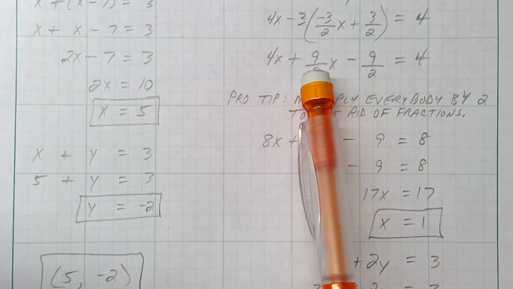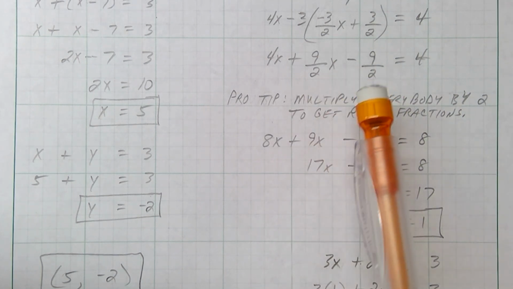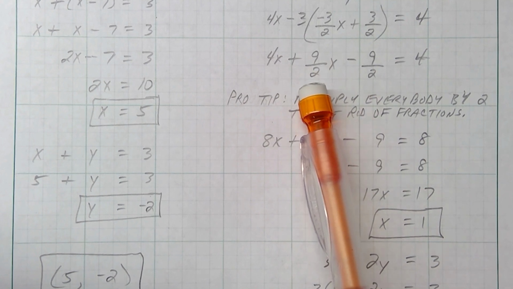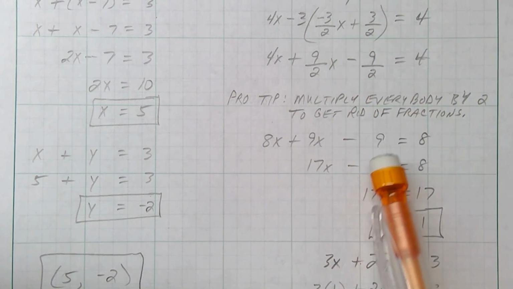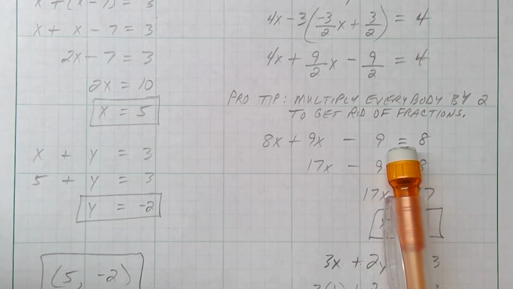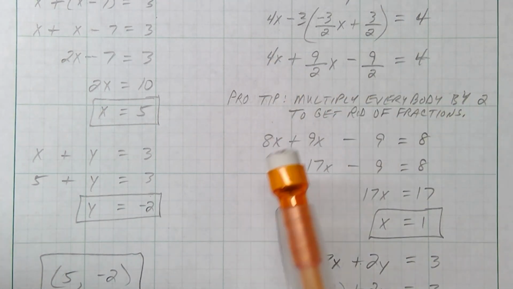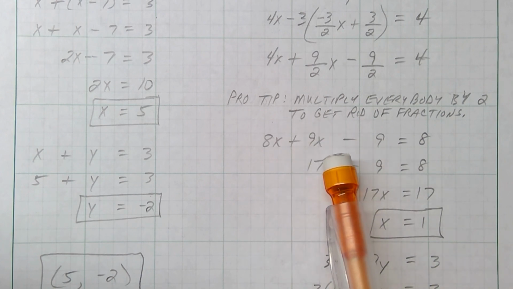So I'm going to go times 2, times 2, times 2, times 2, just because I don't like fractions. So 4x doubled is 8x. If I multiply this times 2, they cancel, leaving me 9x. Same thing here, minus 9. Double that, 8. Same equation, just twice as big. It just looks a little prettier, and I don't have to worry about fractions. Some people don't like fractions, myself included. So that's a little trick to get rid of your fractions.